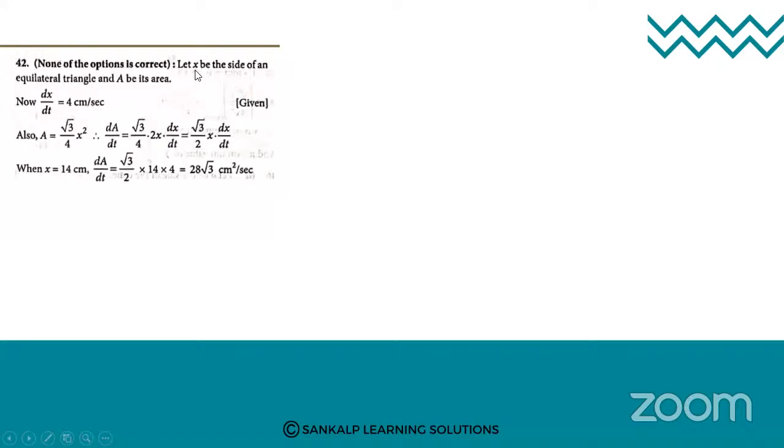So first we have to consider the sides, and then by using the formula of area of an equilateral triangle, we can simplify it. So let x be the side of an equilateral triangle and A be its area. So dx by dt will be equal to 4 centimeter per second. Next, area, when we differentiate, dA by dt, we get root 3 upon 4 into 2x into dx by dt.